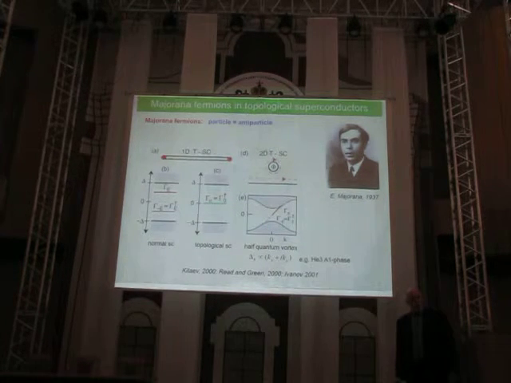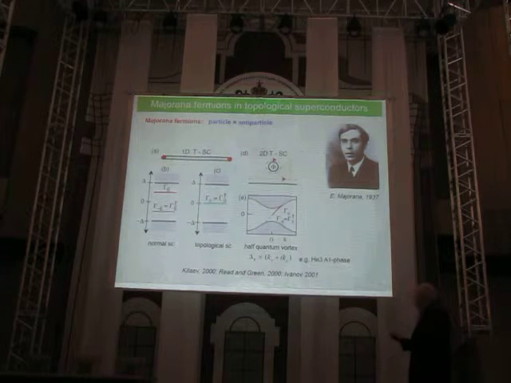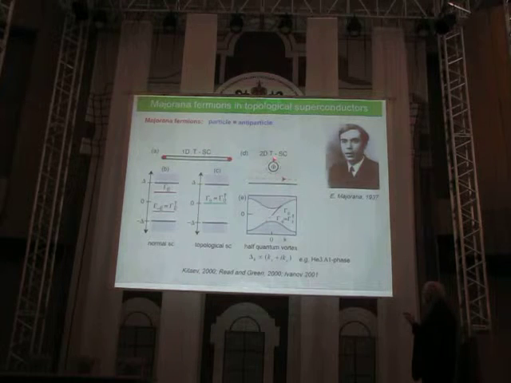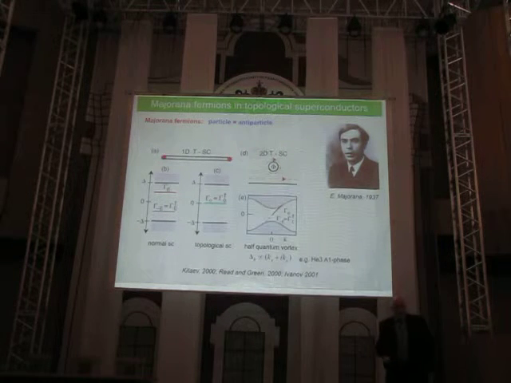The half-flux quantum vortices are possible because of the other part of the order parameter. And in such a system, there can be chiral states that go around the vortex core that are at zero energy. They are fermions.